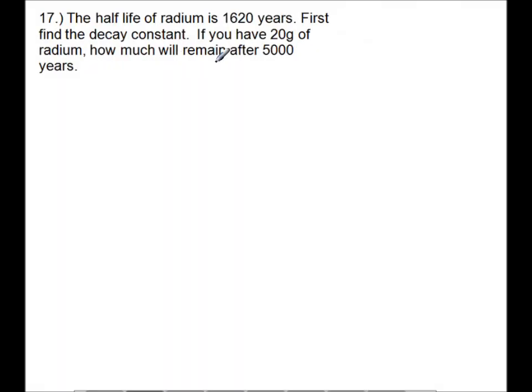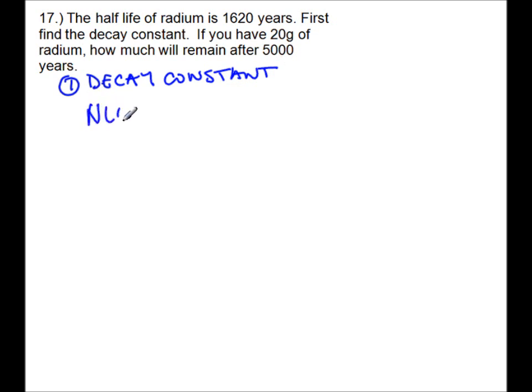So in order to do this problem, we've got to first find the decay constant. So now we can use the formula for radioactive decay, e to the negative kT.